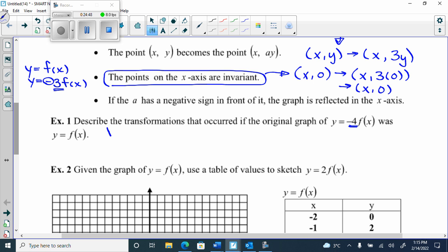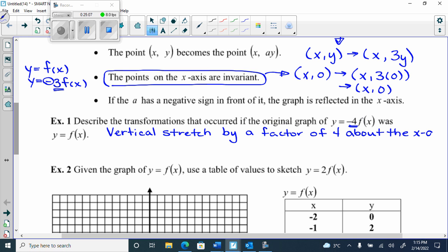So this is a vertical stretch by a factor of 4 about the x-axis. That's the 4. Now what does the negative do? Reflection in the x-axis.